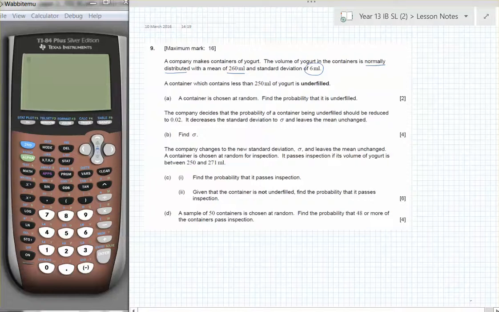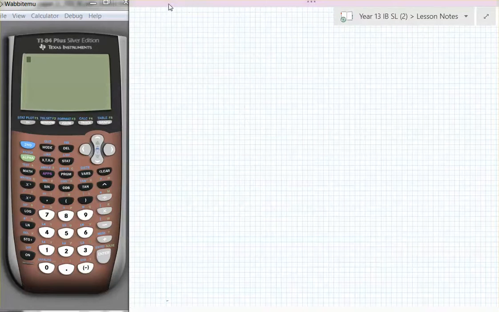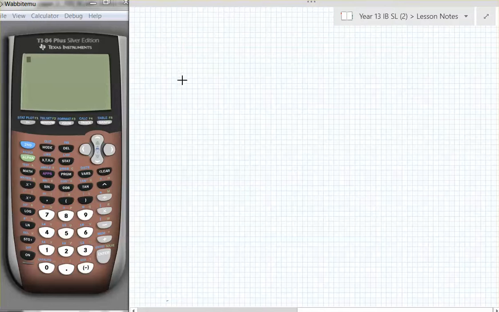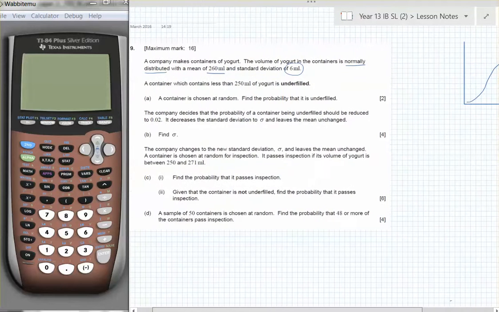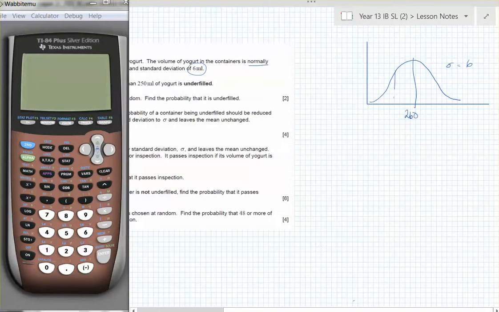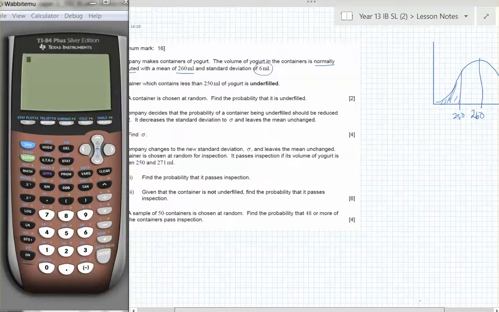So if we are to draw our little diagram to show that we know what that means, we've got our normal distribution with a mean of 260, standard deviation of 6, and it says container less than 250 is underfilled, so we've got our 250, all of this is underfilled, so find the probability it's underfilled.